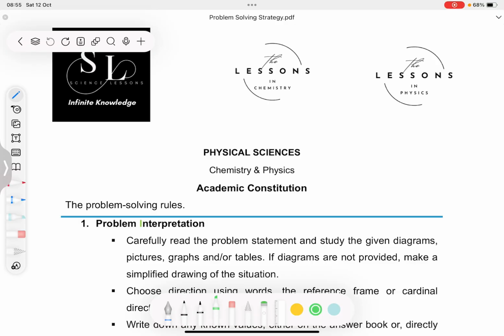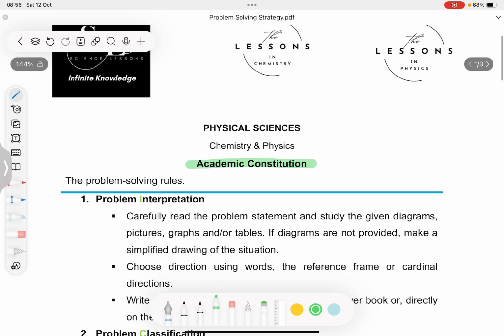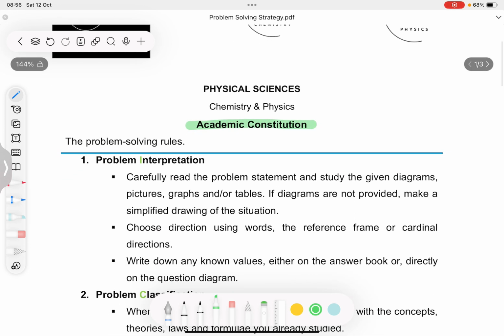We're looking at what we call the academic constitution, right? Now, this academic constitution is a rule or a constitution that we will use in our Scienceless channel in order to solve problems. It provides us with rules or step-by-step procedures that we need to solve chemistry and physics problems.